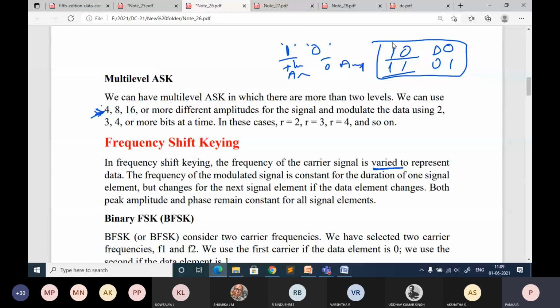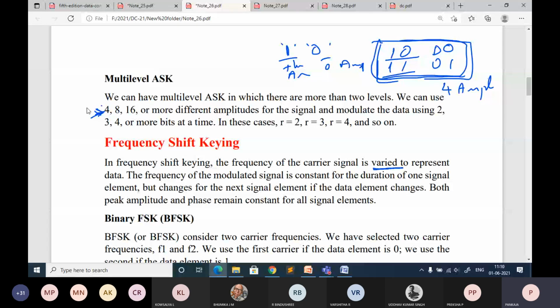But if you are representing more than 1 bit, this is the process you use. For 4, 8, 16 you will have many different amplitudes. If you use 2 bits at a time, all possible values are 4, so you need 4 amplitudes to represent each set of information.